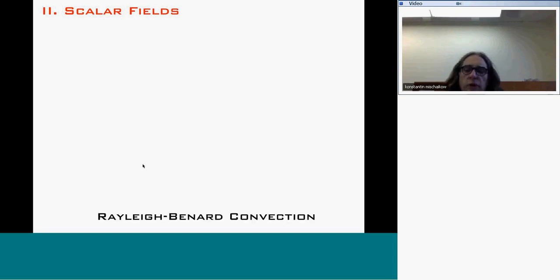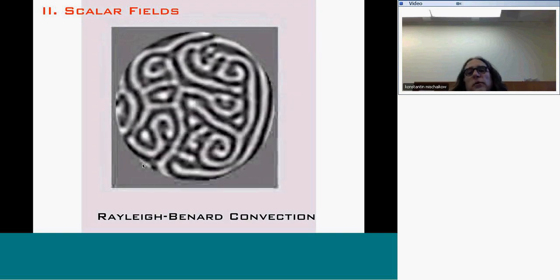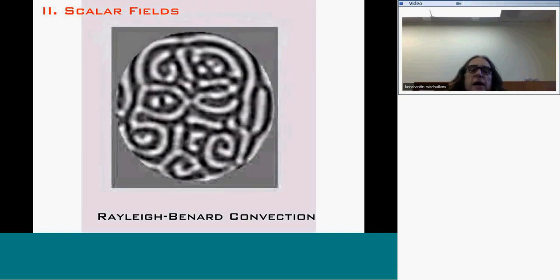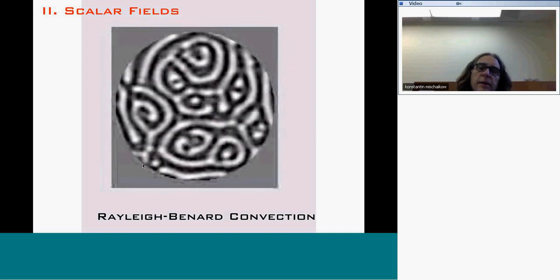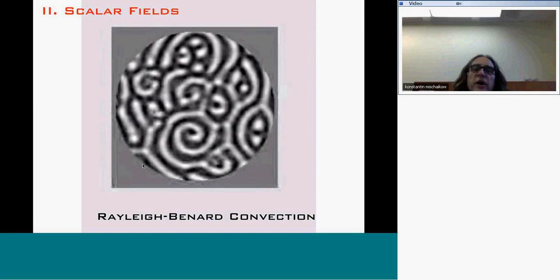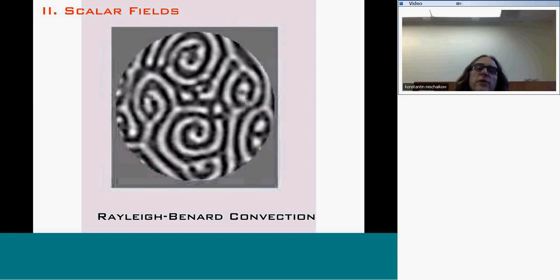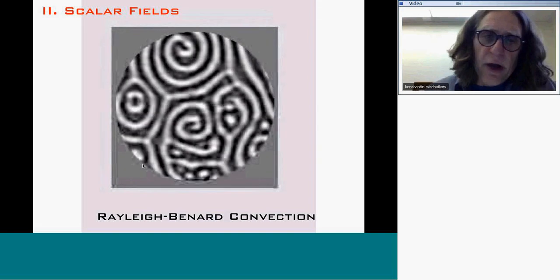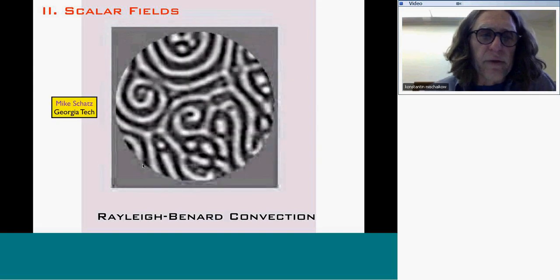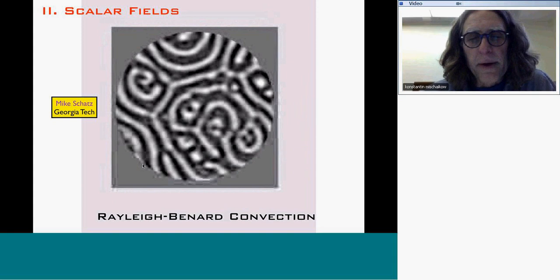So the first one is Rayleigh-Bénard convection. What we're looking at is actually small; the real size of this is about the size of a nickel, the thickness of your thumbnail. This is a shadowgraph coming from Mike Schatz's lab at Georgia Tech.